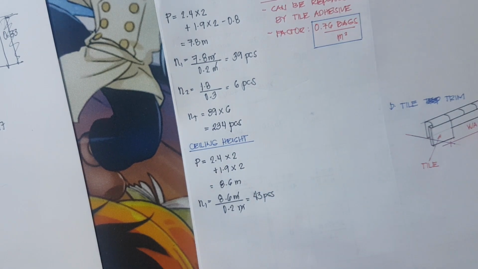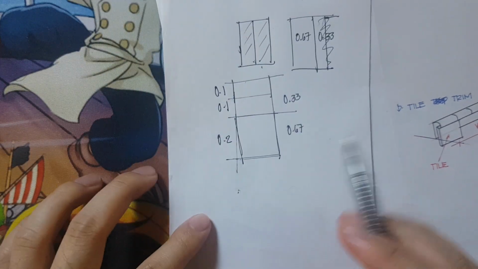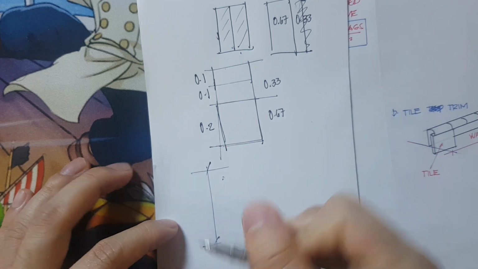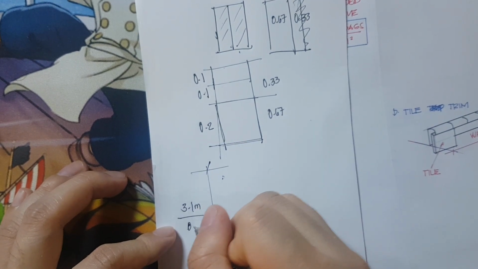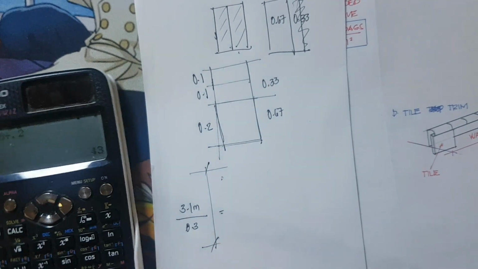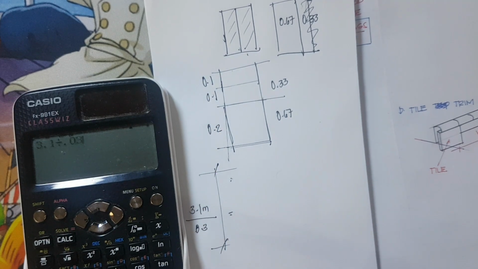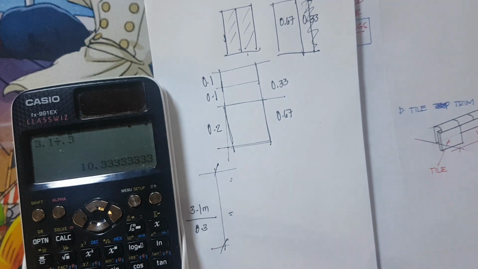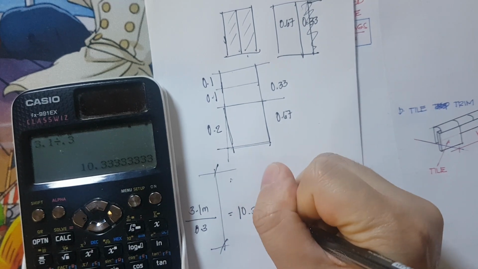Now, for N2, we need to check. Let's say this is our 3.1 meters. How many 0.3 fit in 3.1 meters? That is equivalent to 3.1 divided by 0.3, which is 10.33.